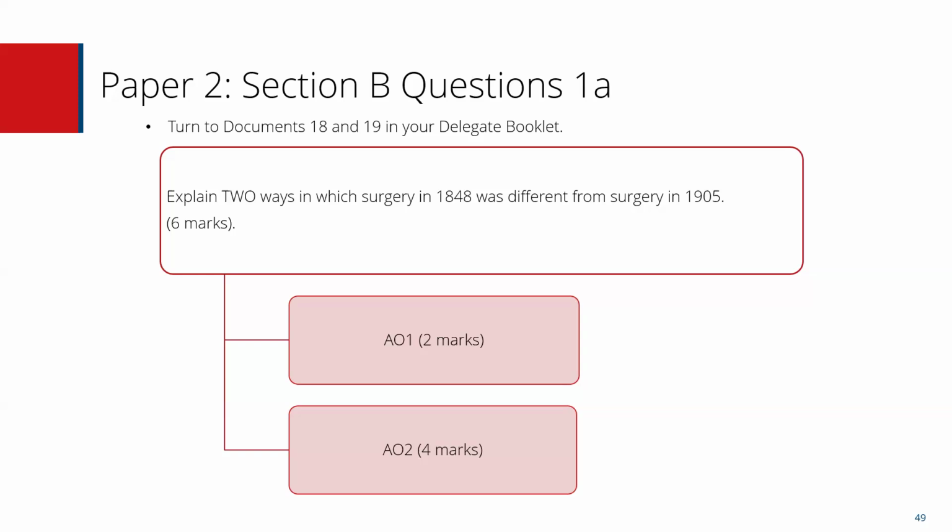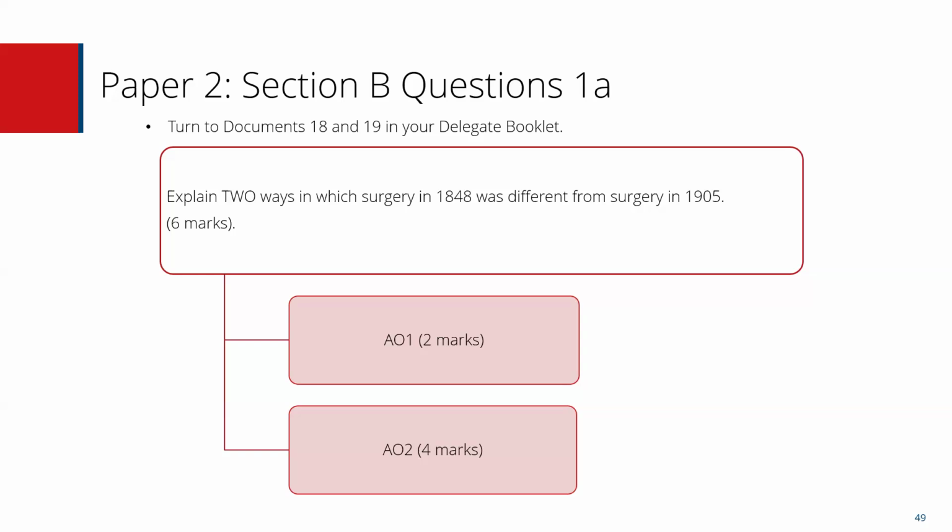So, for the level 3, they need to make explicit comparisons. And also the information needs to be very specific in what they're using to support. Okay. But they don't need to say why here. They just need to say what was different in this example, or what was the same if it's about similarity.